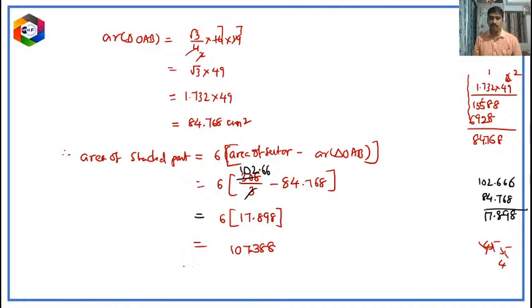So I am going to leave this one, but the cost per 1 square centimeter is equal to 5 rupees.